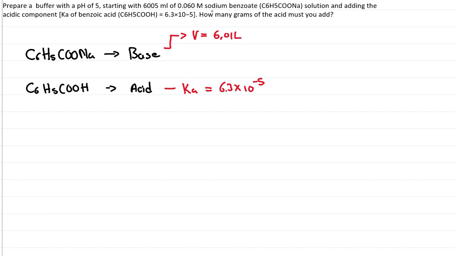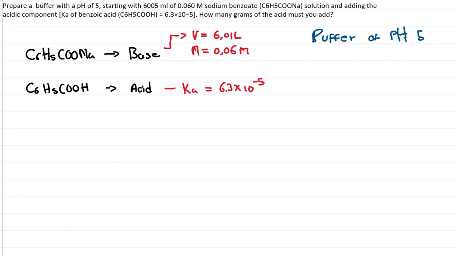And we also have the concentration of the base, which is equal to 0.06 molar, and we want to prepare a buffer of pH 5.